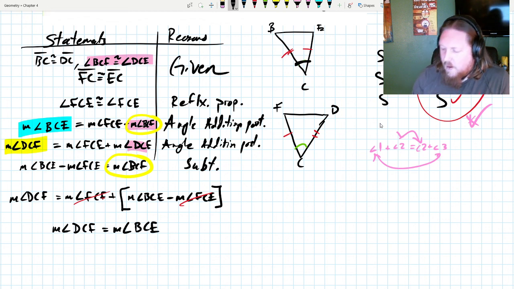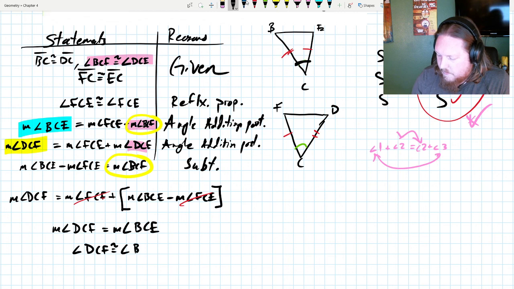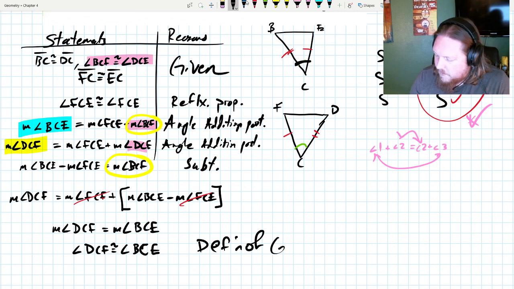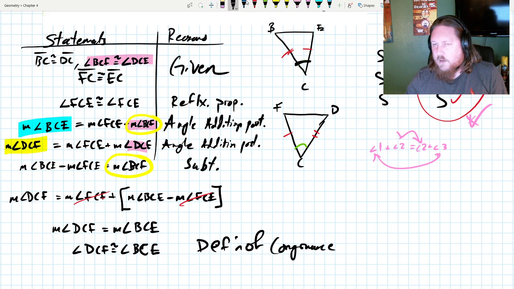BCE. And if the measures are equal, then the angles are equal or congruent. BCE, definition of congruence. And now I've got my side angle side, so I can say the two triangles are congruent.